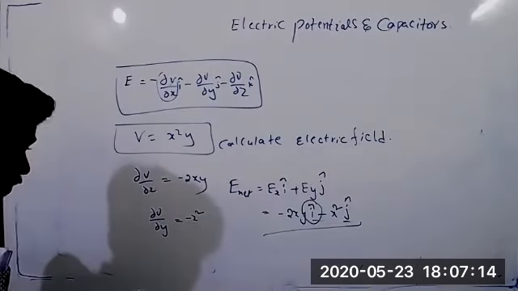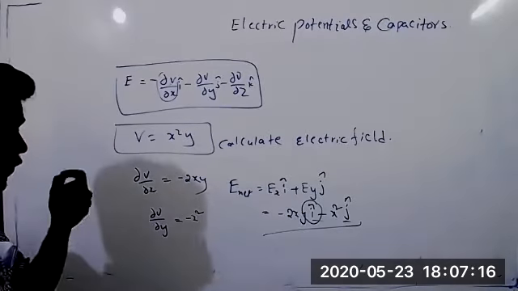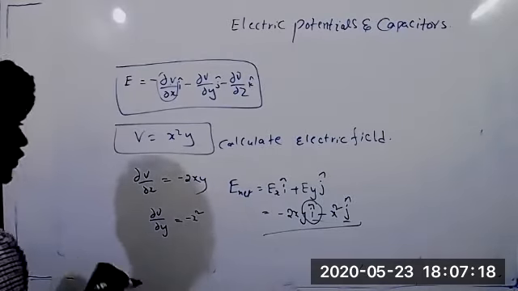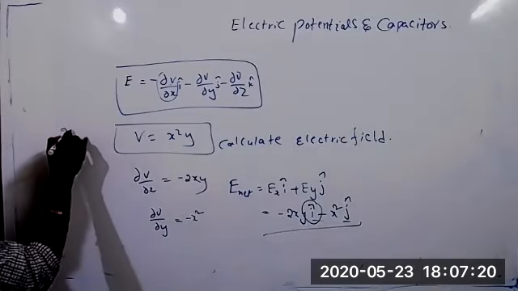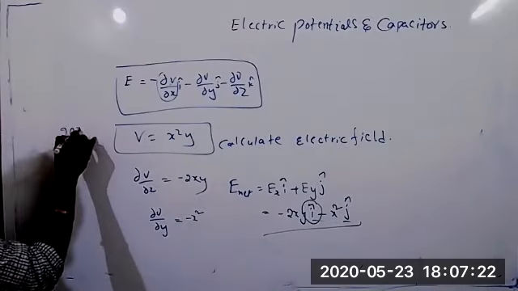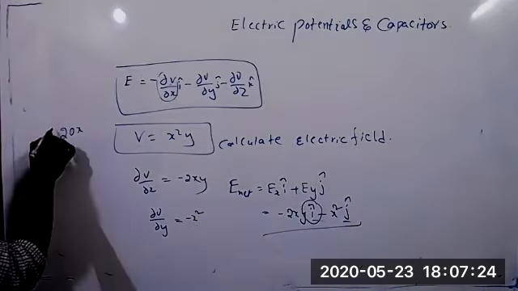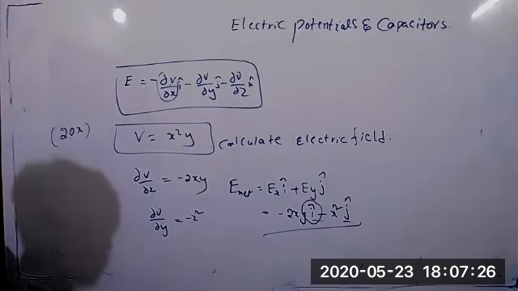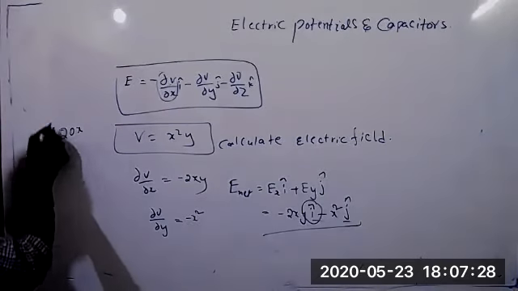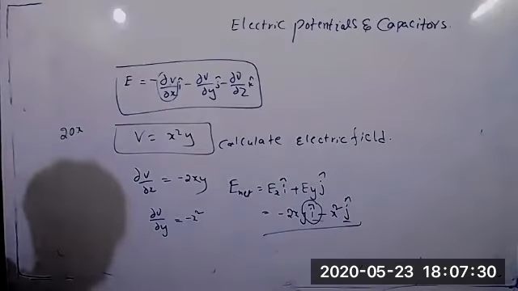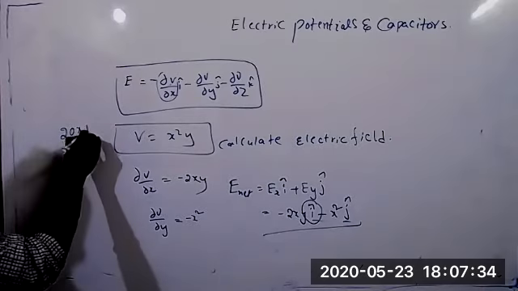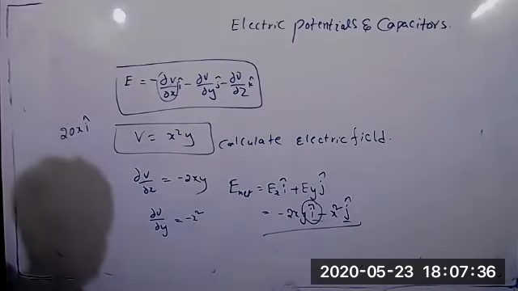If you multiply a scalar with a unit vector, suppose 20x. Is 20x a scalar or a vector? It is a scalar. Now, if I want to make it a vector, I will multiply it with a unit vector.